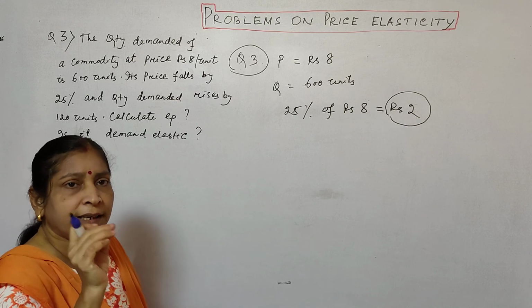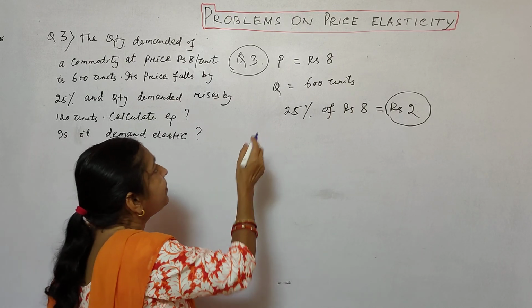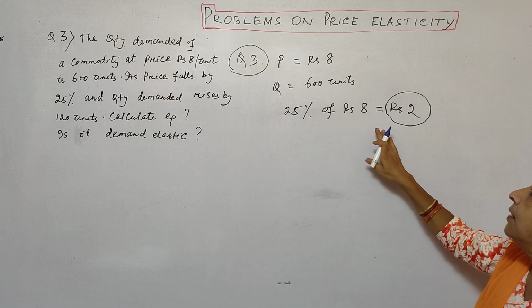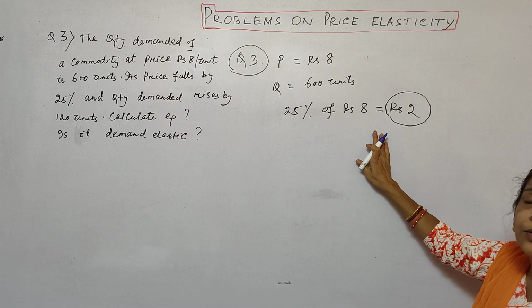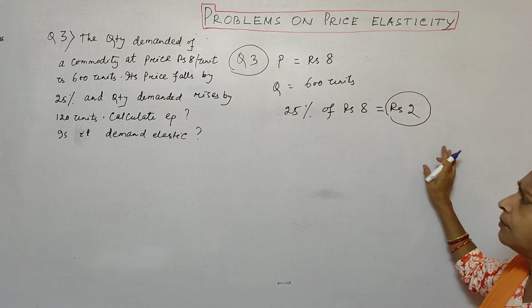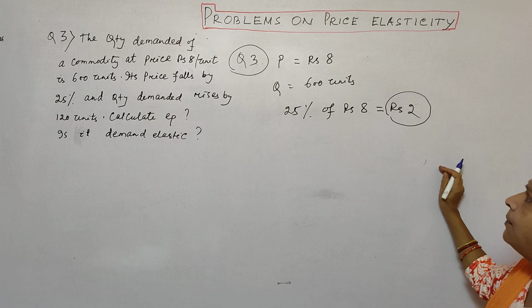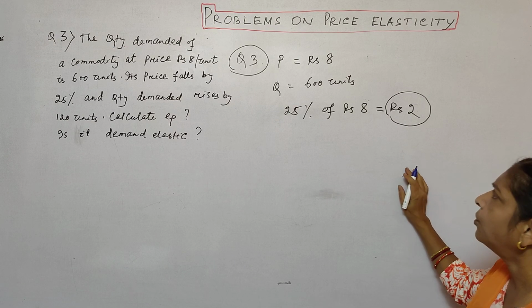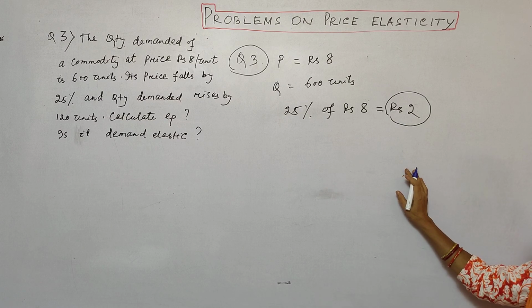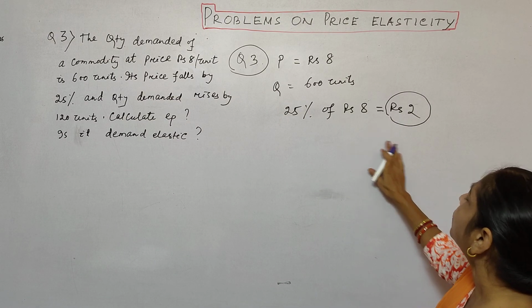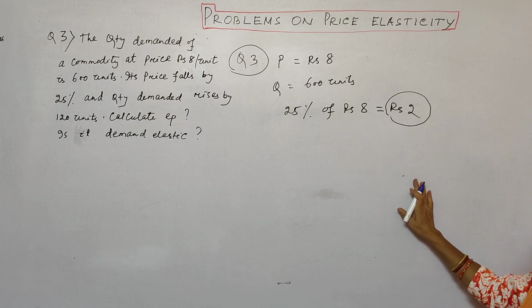Friends, you see, the price falls by 25%. They have not given that the price falls to 25 or the price falls to 4 or 2. They have given that the price falls by 25%. So what is 25% of rupees 8?